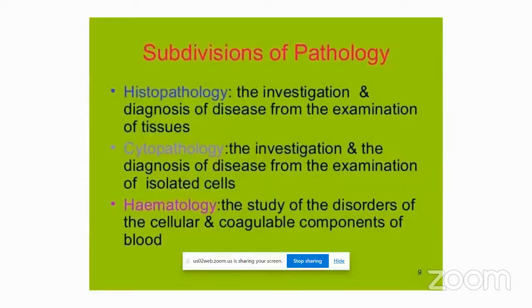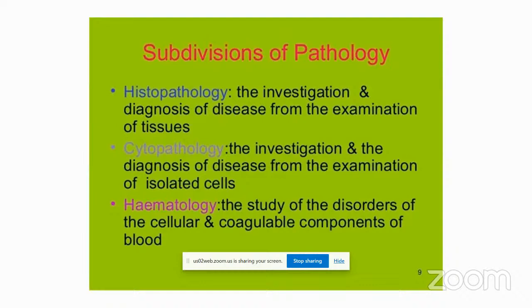Then, in this also, there are further subdivisions of pathology. The first one is histopathology, which means the investigation and diagnosis of disease from the examination of tissue. In any disease condition, the lab diagnosis is histopathology.